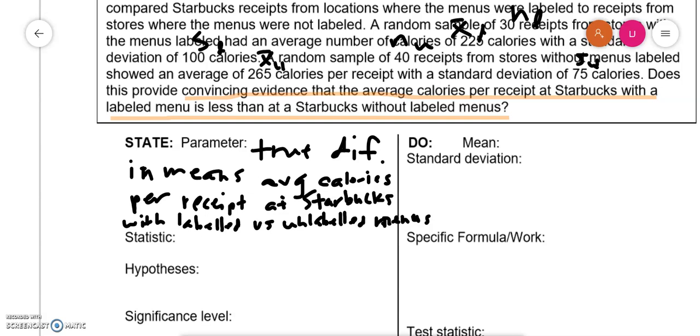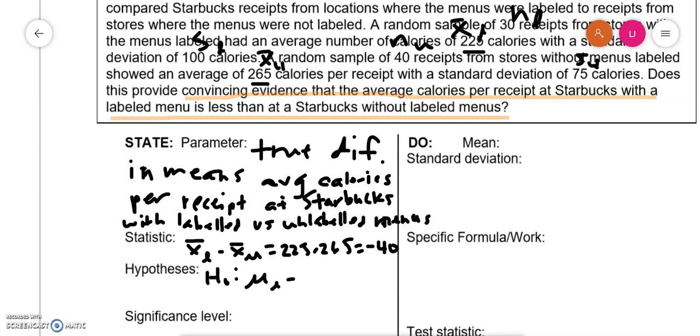All right, our statistic is going to be x bar of the labeled minus x bar of the unlabeled. We have 225 and 265, so that's negative 40. Our hypotheses: remember, we're going to be using equals for our H0. So our H0 should be mu labeled minus mu unlabeled equals 0, versus our Ha.